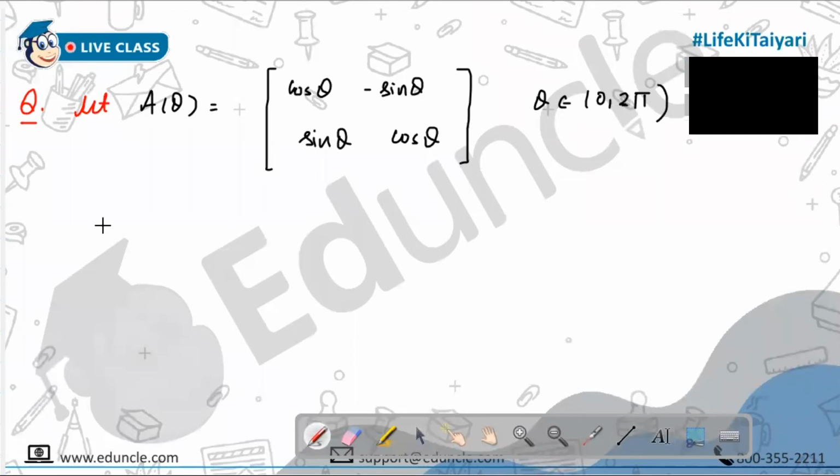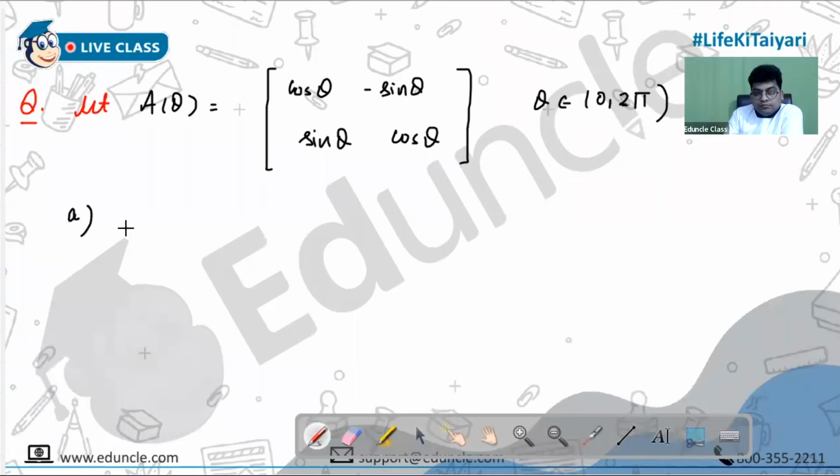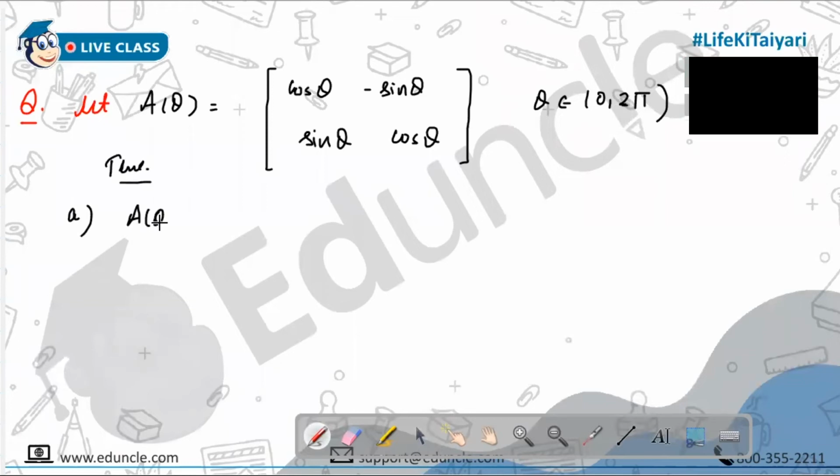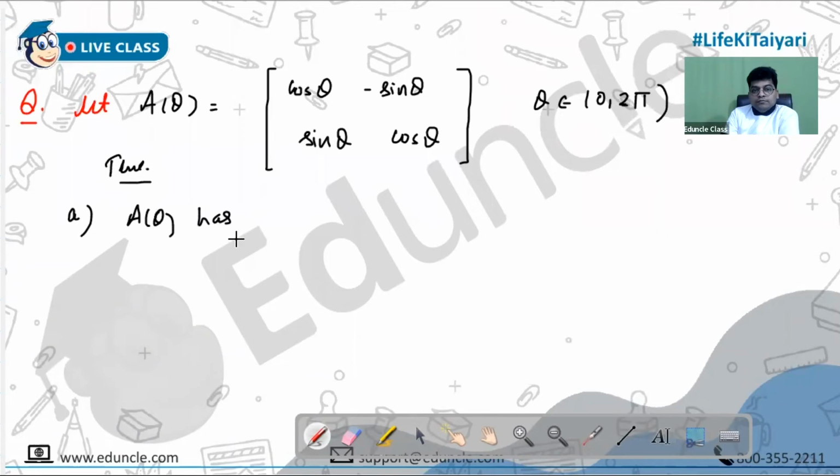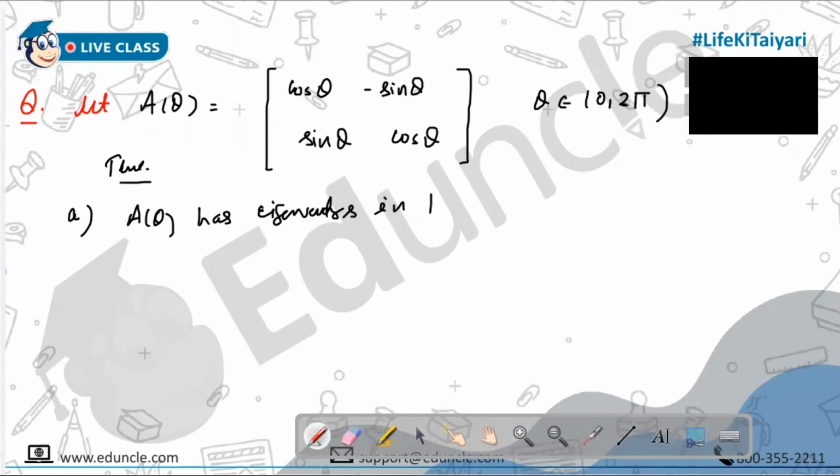Which of the following statements are true? First option: A of theta has eigenvectors in R square for every theta belongs to 0, 2 pi.